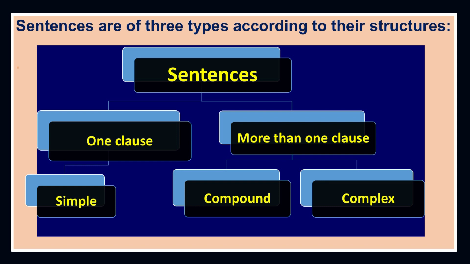We have one-clause sentences, that is simple sentences, and more than one clause, which gives 2 types, compound and complex. Under compound sentences the clauses are independent clauses. In the complex sentence one is the main clause and the other clauses are called subordinate clauses.